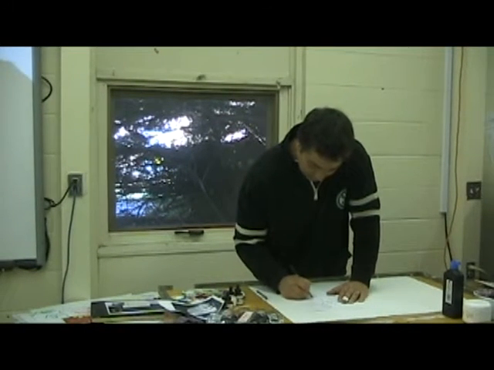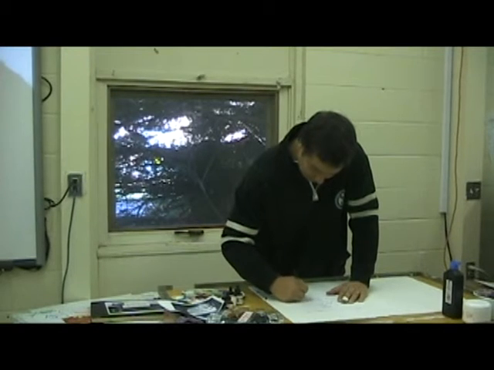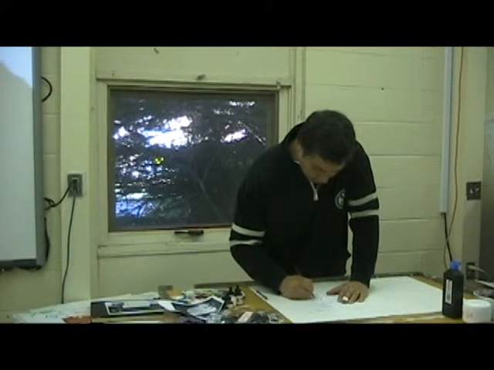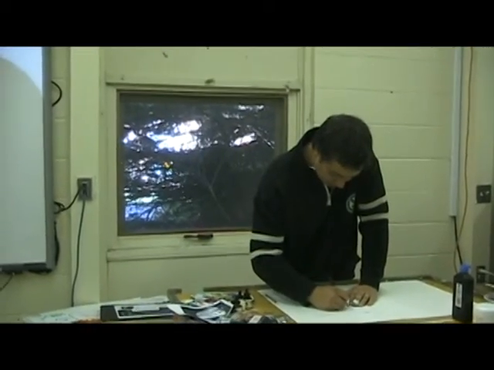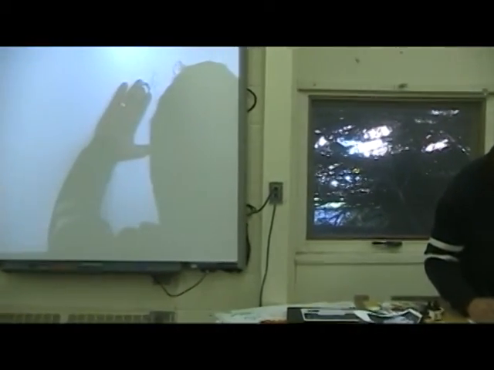But look, these basic shapes, they're just circles, squares. His hand is a circle. Right? And now I can start adding some detail. We'll turn it into Batman here. Real quick.